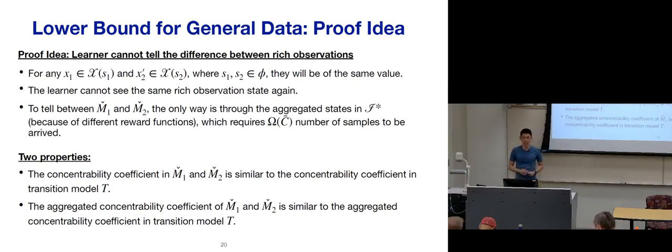What does the aggregated states actually mean? In the aggregated states, according to our construction, we'll make them to be of the same value. So that means we'll create a hardness by distinguishing the states within the aggregation.